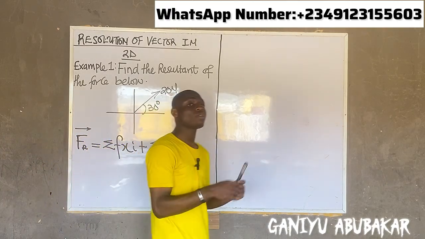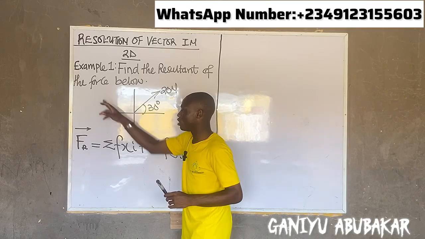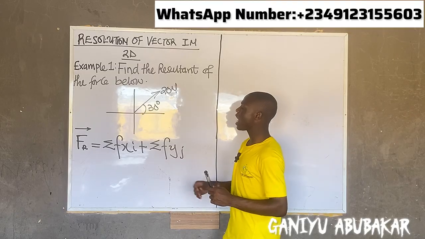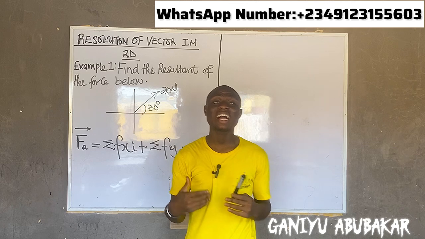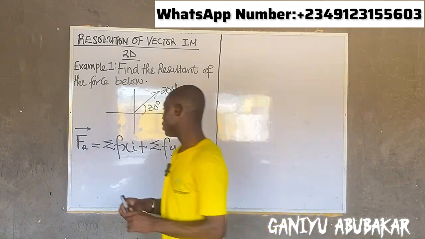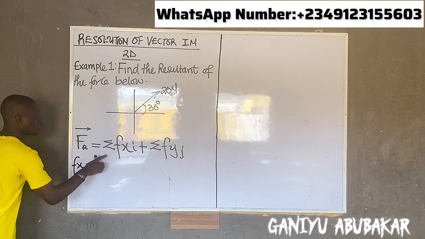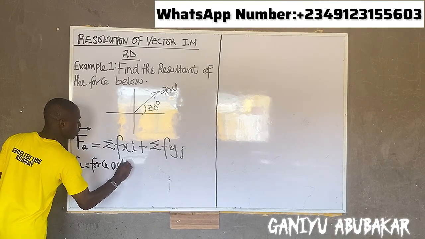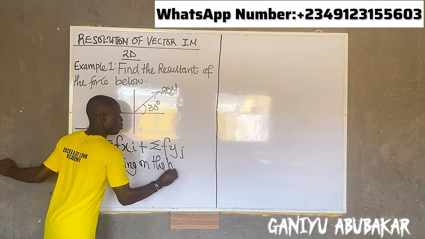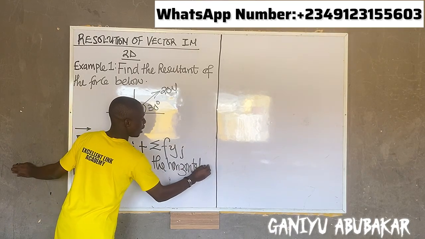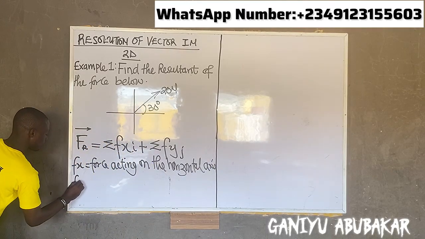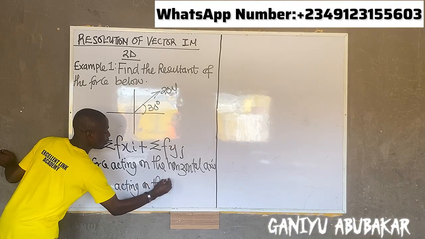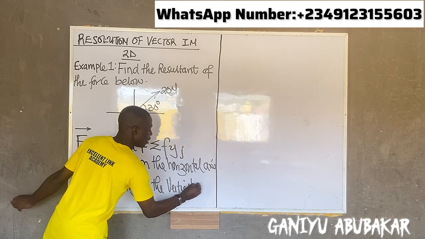We said this earlier. Now, to get my resultant force in this case, I need two things: Fx and Fy. First, Fx means force acting on the horizontal axis, so summation of Fx means force acting on the horizontal axis, while Fy means force acting on the vertical axis.